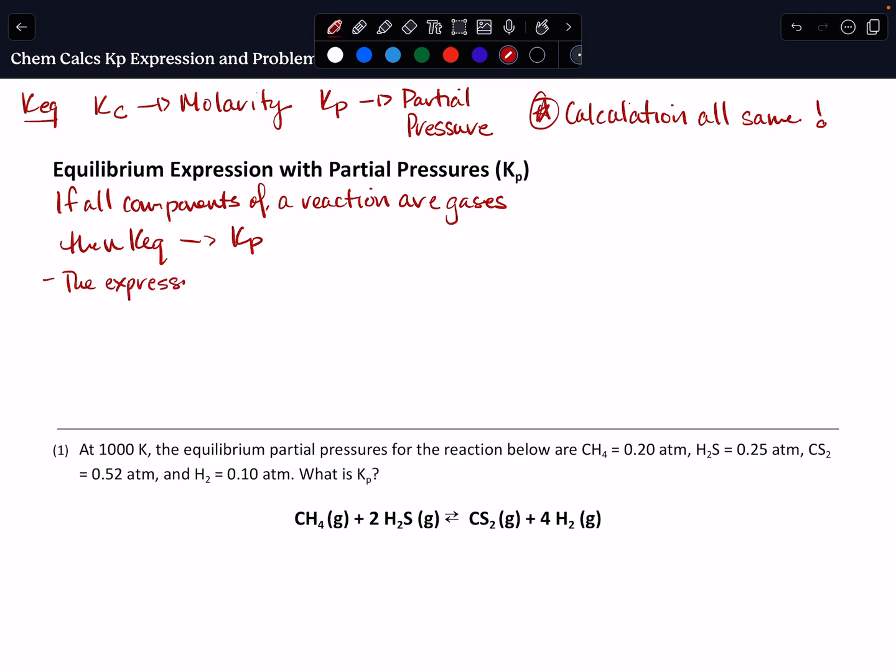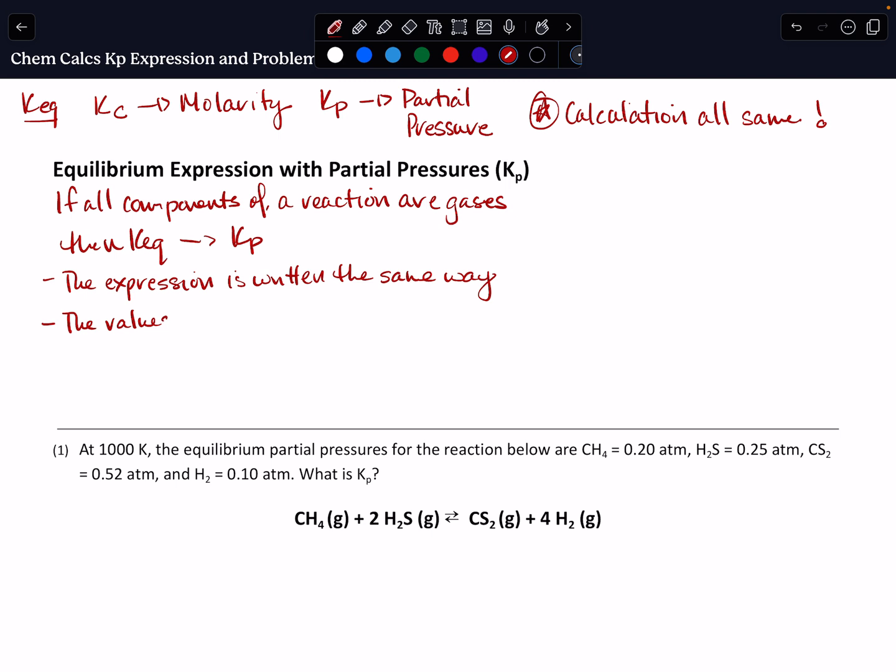The expression is written the same way, products over reactants. And don't forget, if you have a coefficient in your balanced reaction, that becomes a power in that KEQ expression. Also, remember, no solids, no pure liquids, all right?